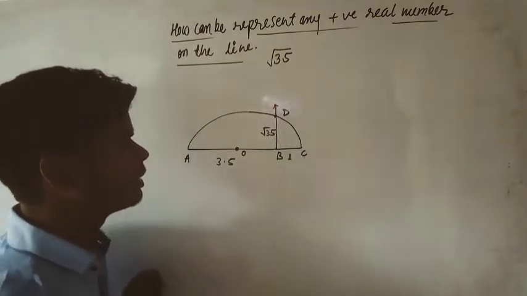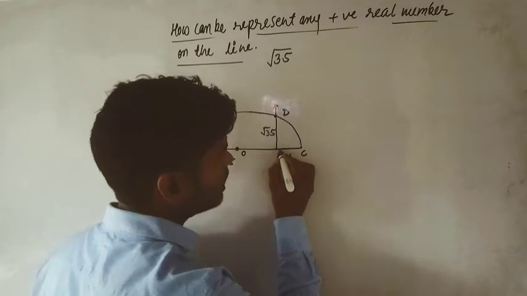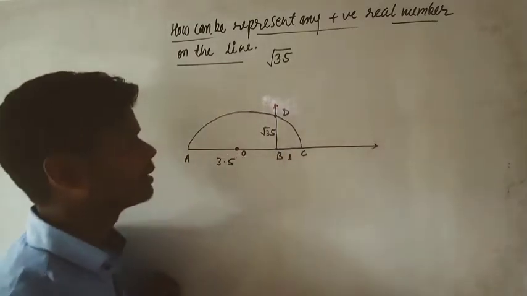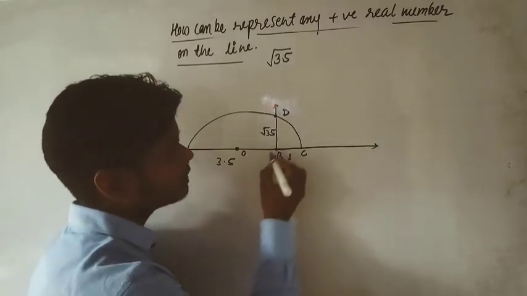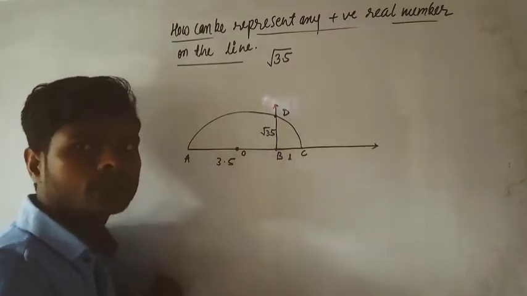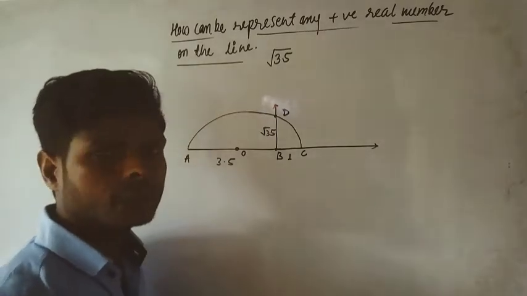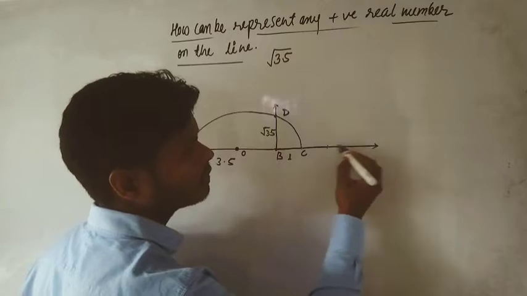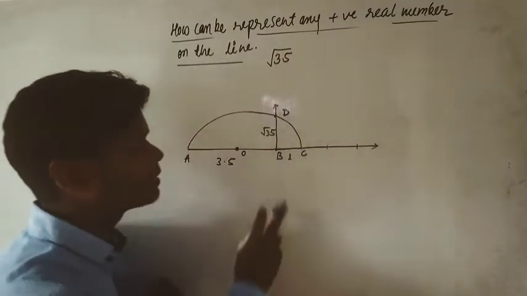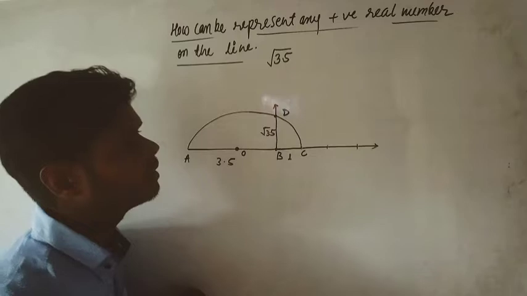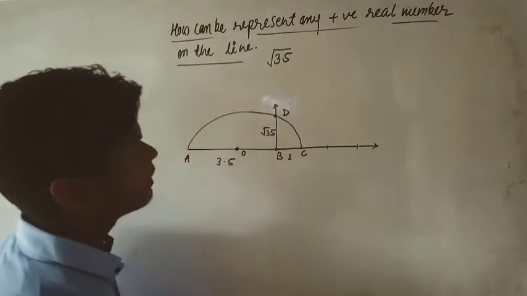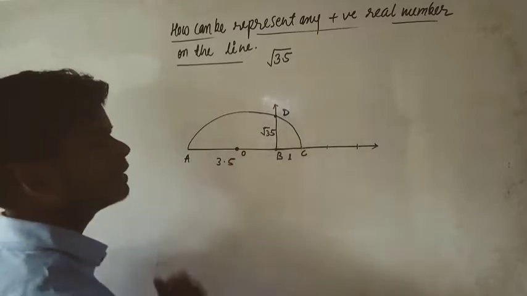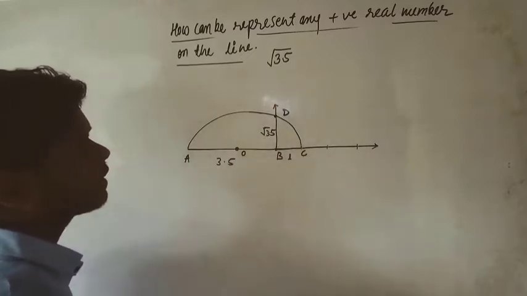Now we extend the distance BC. Suppose that B is the origin, the initial point, and we have to define one unit length on this line, starting from B. Now we take B as a center in our compass.